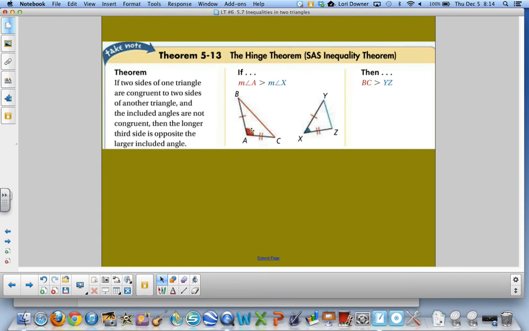But we're saying that these included angles are not congruent, then the longer third side is opposite the larger included angle. So if we have here the measure of angle A is greater than the measure of angle X, then we know the side opposite, BC, has to be greater than the side opposite here, YX, or YZ.